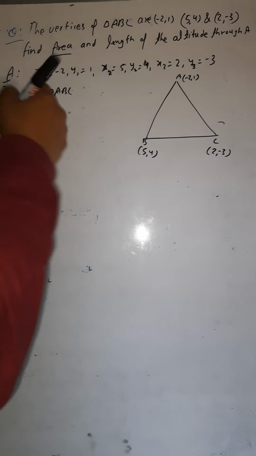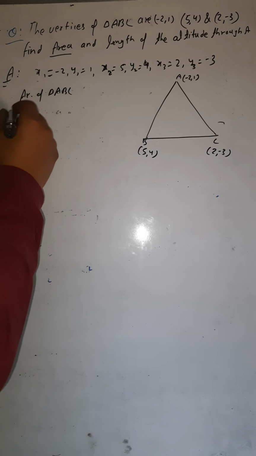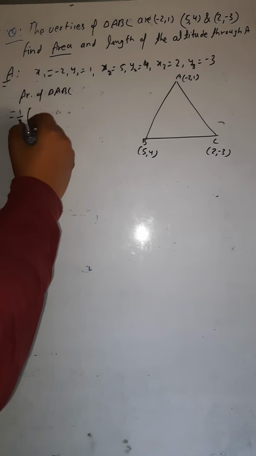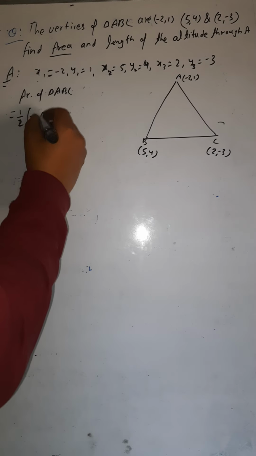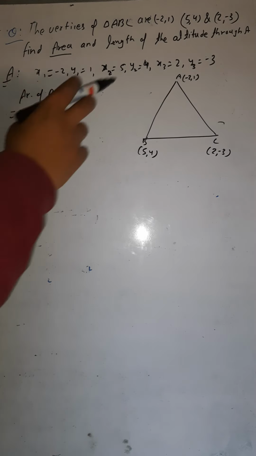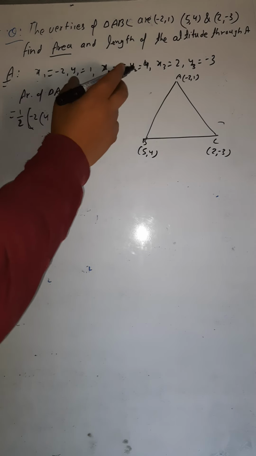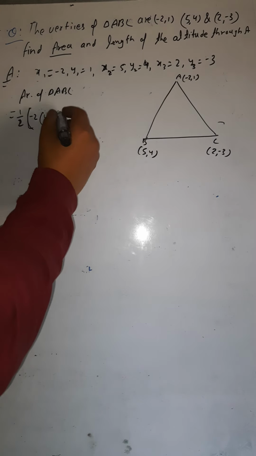So area of triangle ABC would be, you know the formula, 1/2 into, inside the bracket, x1 into y2 minus y3. Are you getting this? x1 outside, then y2 minus y3 inside. So x1 is -2, y2 minus y3, that is 4 minus y3. y3 is -3, so this would become +3.